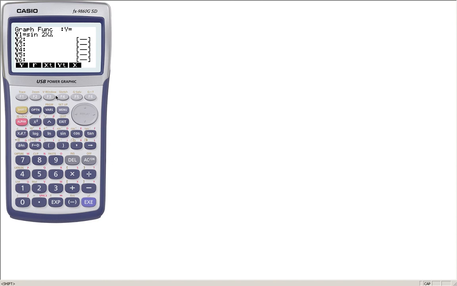Shift view, exit, sorry. Let me type it again, sine 2x. Now shift view window. You can do this trigonometry, you can say plus trigonometric. Okay, exit. You can see the graph of sin x.